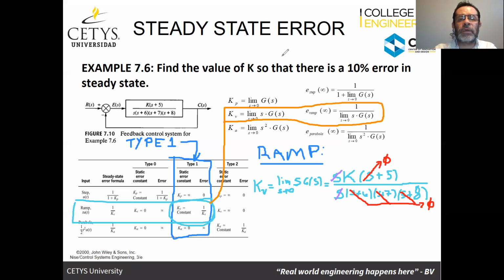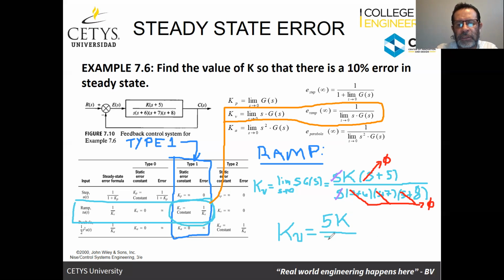And that's going to leave me with a KV that's a function of the K I'm looking for. So KV is going to be equal to 5K divided by 6 times 7 times 8, which is 336.